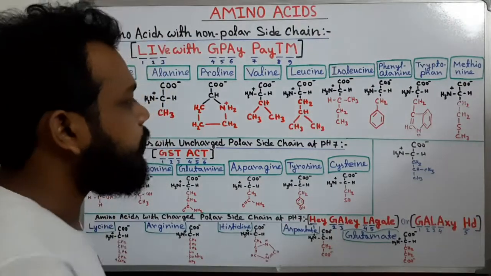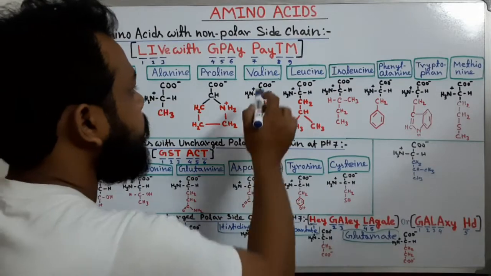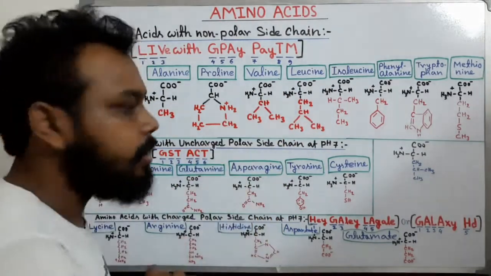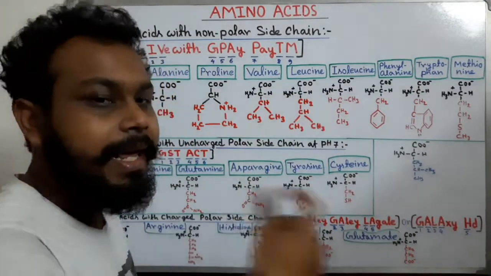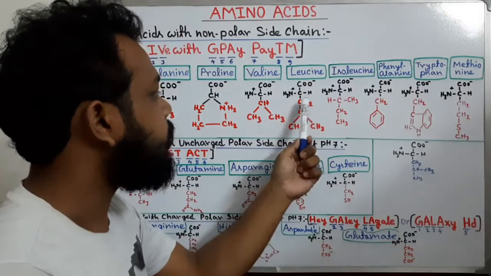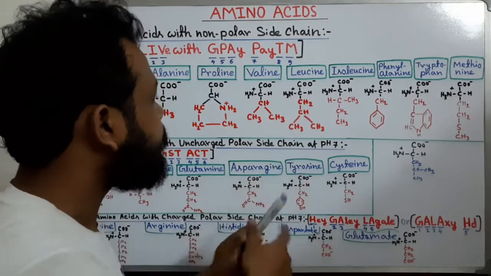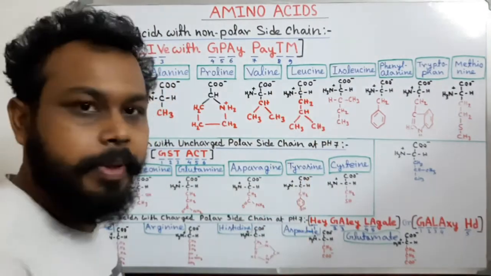Or we can remember the structure of leucine by remembering valine. Valine has a V-shaped structure, and in leucine we just incorporate another extra CH2 group. Here is the CH2 group, and next just put the structure of valine here. So leucine will be prepared.